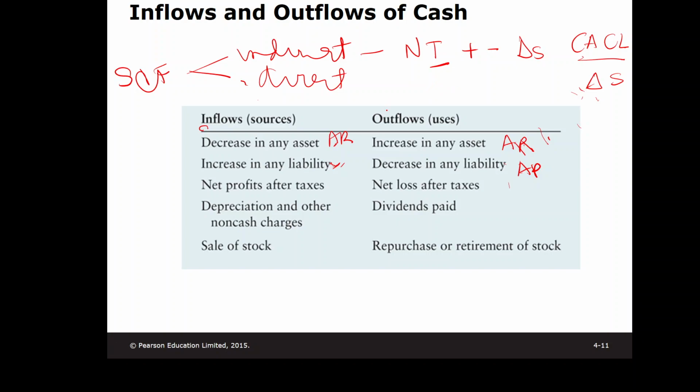Plus your non-cash charges such as depreciation and amortization.